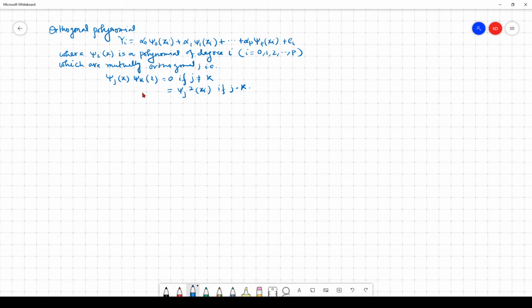Then in matrix notation, the model can be written as expectation of y curl, which is equal to psi alpha curl, where dispersion of y curl is equal to sigma square I.